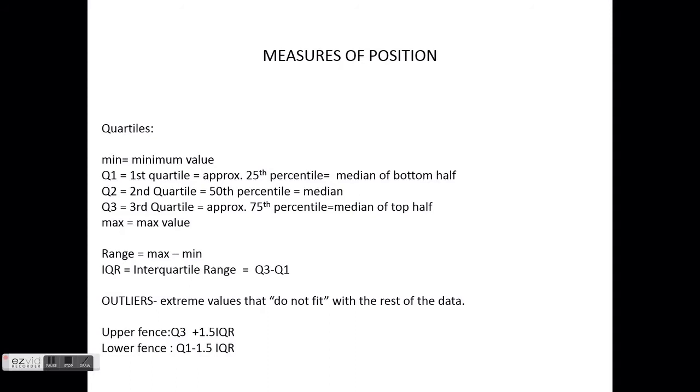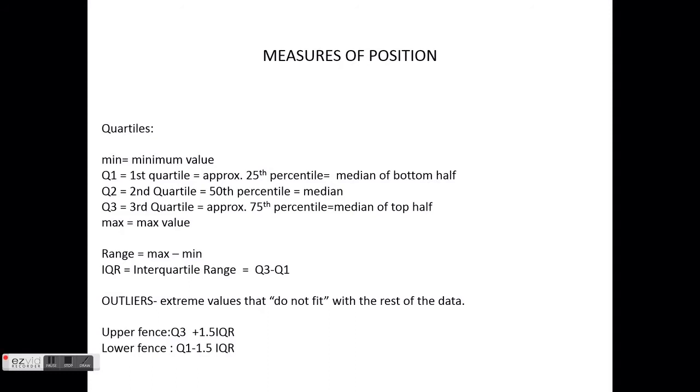The 5-number summary is the minimum value of the data, which is pretty straightforward; Q1, the first quartile, which is basically the 25th percentile, since a quarter is 25%, right; Q2, the second quartile, which is roughly the 50th percentile; Q3, the third quartile, which is about the 75th percentile of the data; and then the max, which is the biggest value.